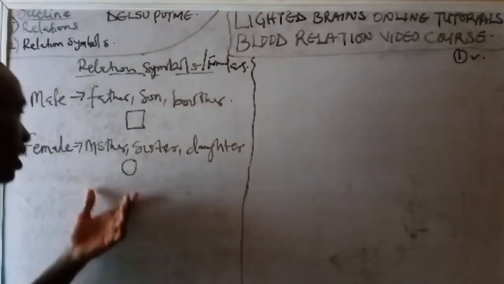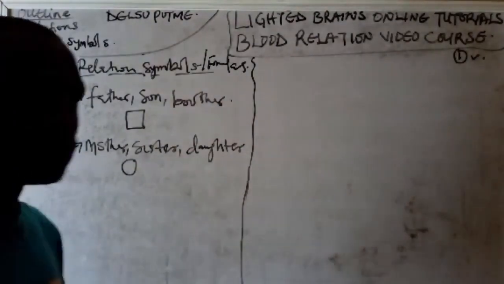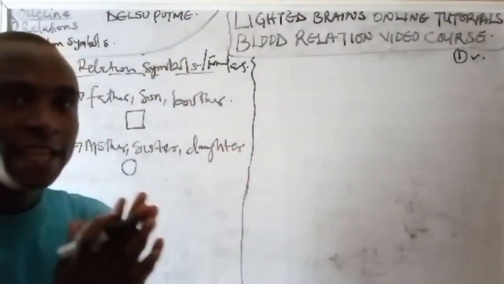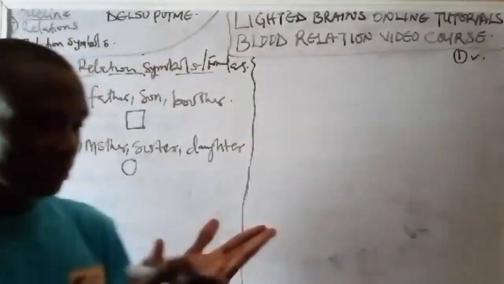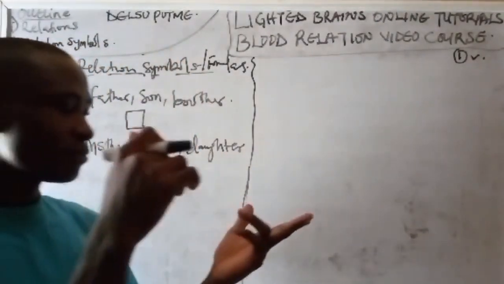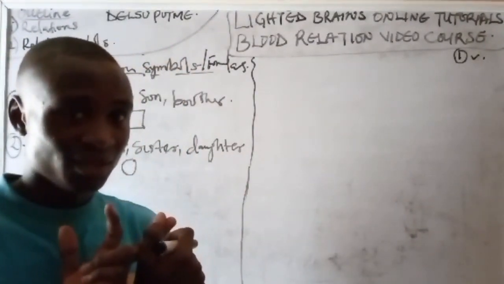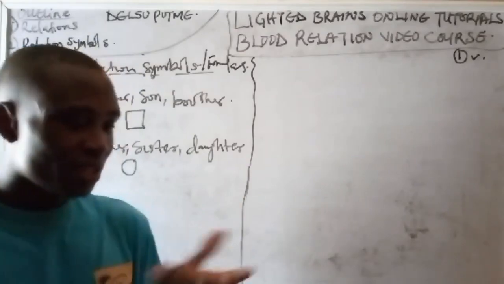Do you understand? Like mother, sister, daughter. Do you understand now? So for example, they say A is the father of B. That is one. A is the brother of B. Then A is the son of B. Do you understand now? A is the son of B.